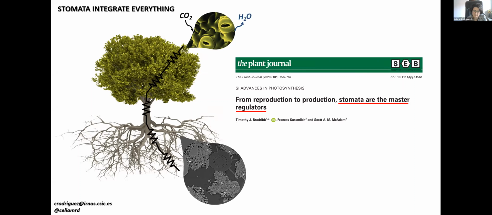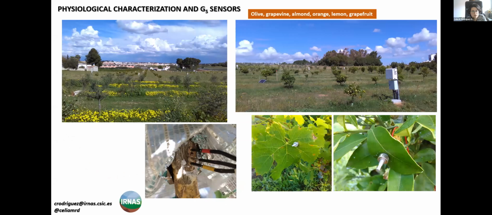So I think in agriculture, we need to have this target, which is gs, to optimize the water use in our orchards. And in fact, this is what we are doing in Seville, in Spain. We are extensively characterizing the physiology of 6 fruit tree species.